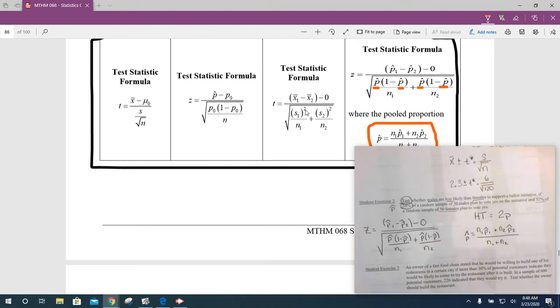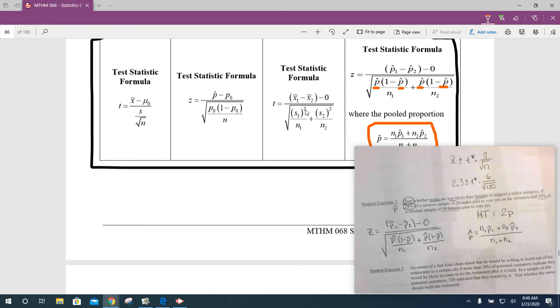That's a lot of stuff. Right now, we're just trying to figure out what goes where.